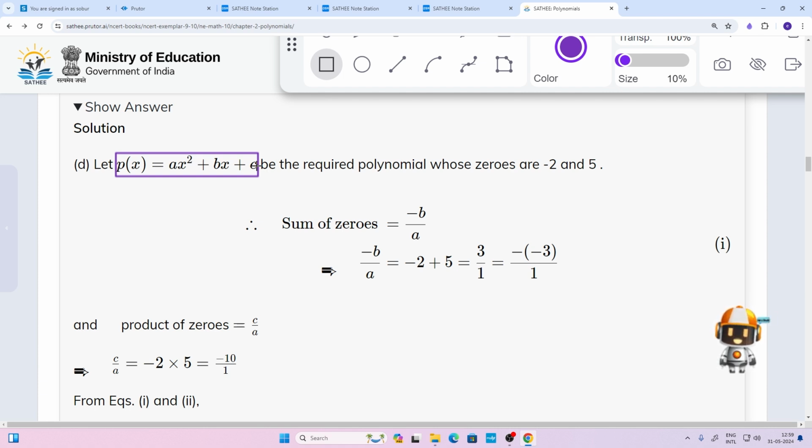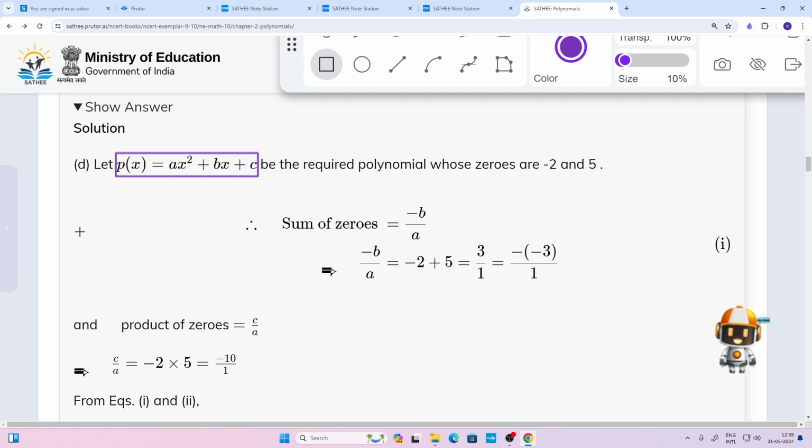Here the zeros of this quadratic polynomial are minus 2 and 5, so the sum of zeros is minus 2 plus 5, which is 3. You can write 3 as 3 by 1, which is equal to minus of minus 3 by 1.